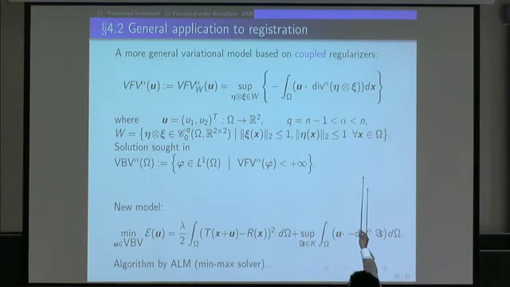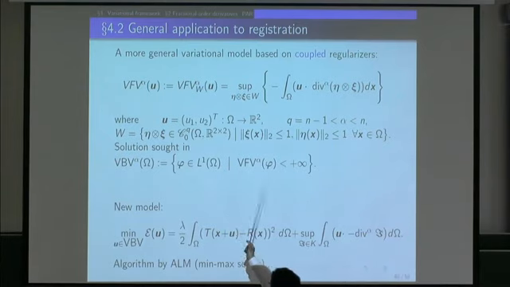You can think of it like a vector version of the TV alpha definition. So you choose this W like this type of product, and then this is how you regularize the vector field U, and then you can define a space like this for these vector guys.